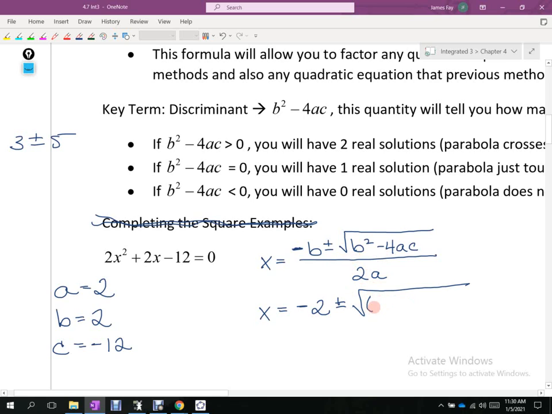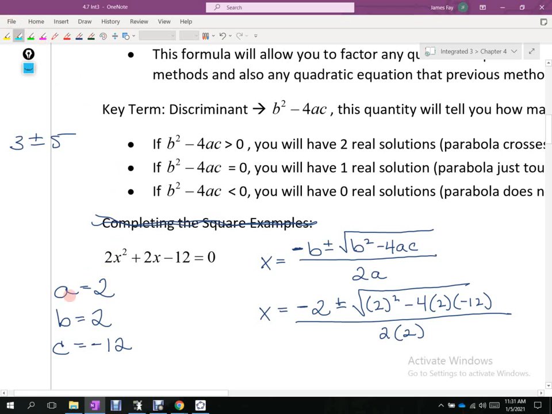So the b, I'm going to put parentheses around it, and then I'll square it. Minus 4, the a is 2, and the c is negative 12, all over 2 times the a of 2.